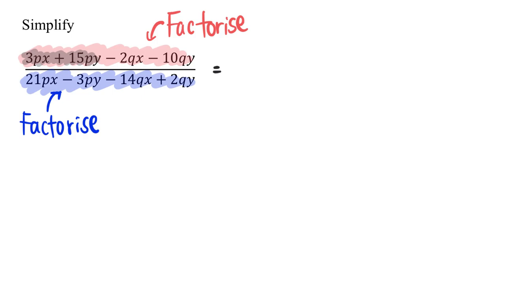3px plus 15p, the common factor would be 3p. I'm left with x plus 5y. And for my second part, I will take out negative 2q.